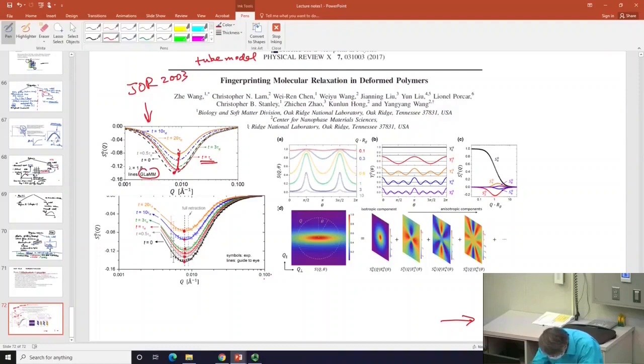So, for example, by the time of tau r, it has changed. That's the red line. So in any case, this is an indication of a disagreement, at least between the data, this is the data from neutron scattering, and this is theoretical data according to the tube model. So they don't agree.